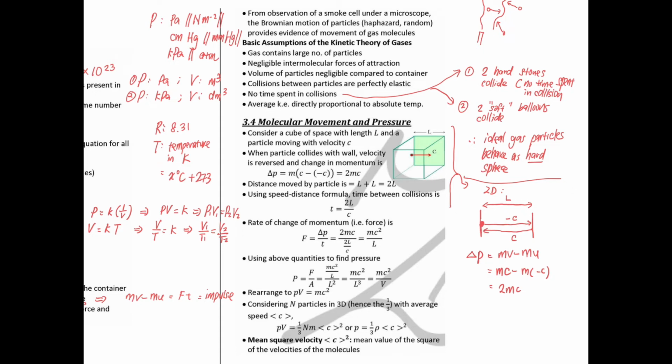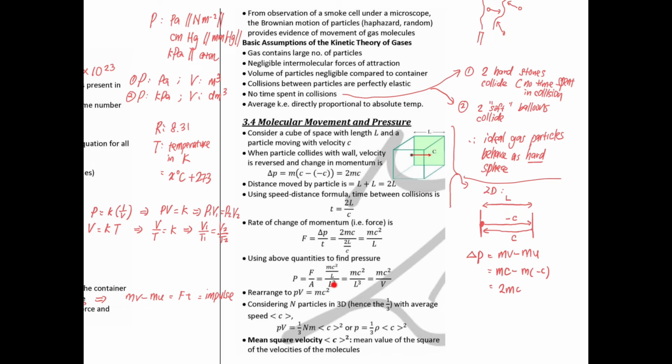Now, using above quantity to find pressure. Pressure is force over area. So force, we know already, mc squared over L. We substitute on top. Area, this is where we talk about a square. A square is L times L. So the area is L squared.